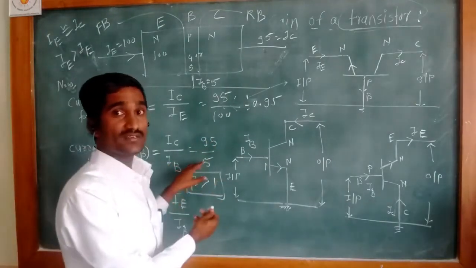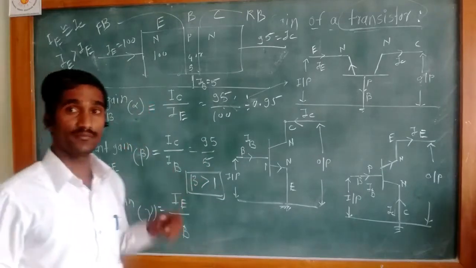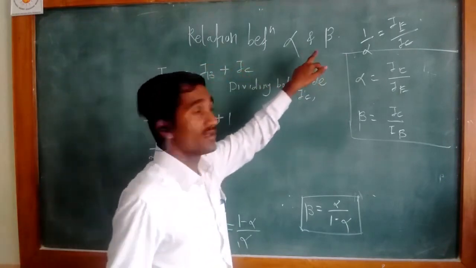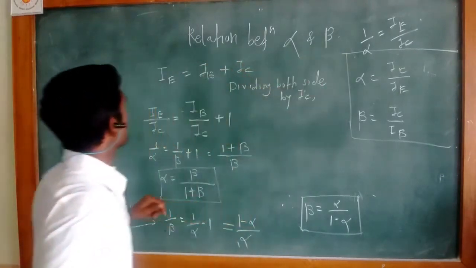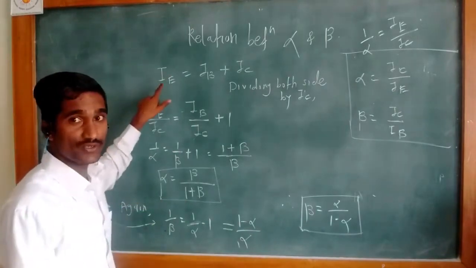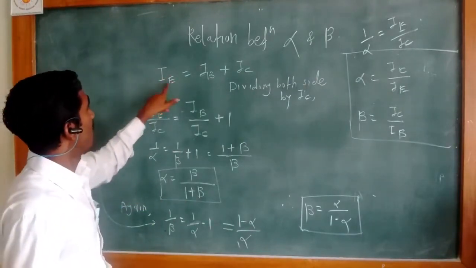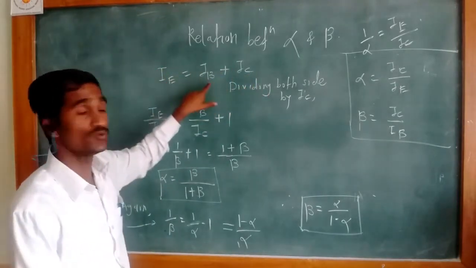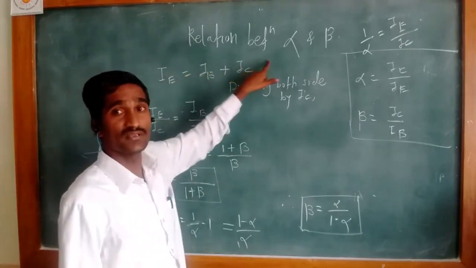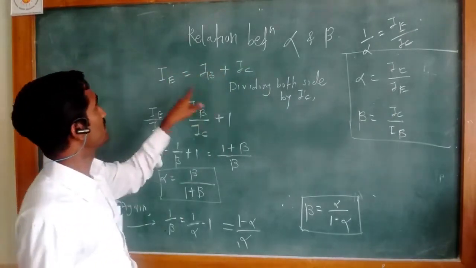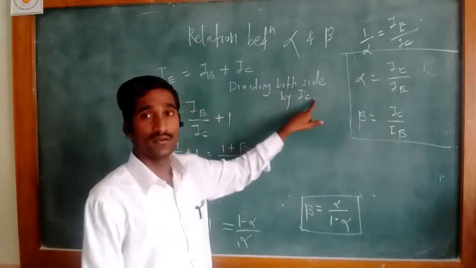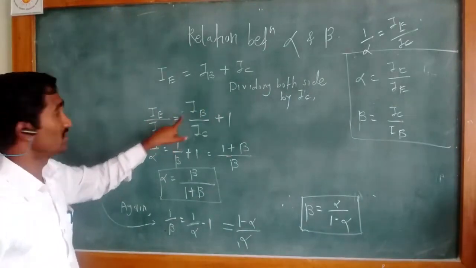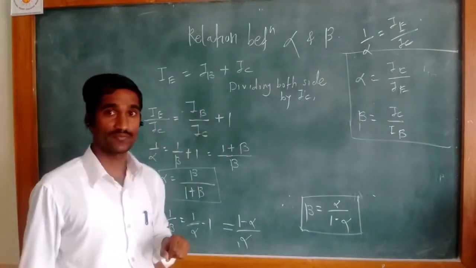Now the next point is the relation between alpha and beta. We derive the relation between alpha and beta. We know the basic equation of the transistor, IE is equal to IB plus IC, that is, the emitter current is equal to the sum of the base current and collector current. If you divide this equation by IC, we get IE divided by IC is equal to IB divided by IC plus 1.